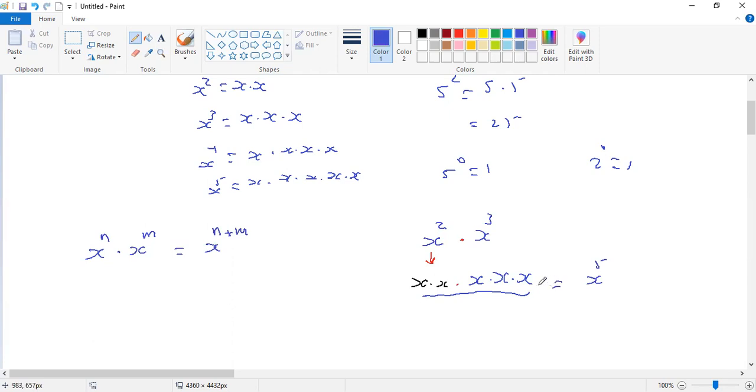Look now at the rule. According to the rule, x squared times x cubed is equal to x to the 2 plus 3, which is x to the power 5. Then there is no need to write the details.